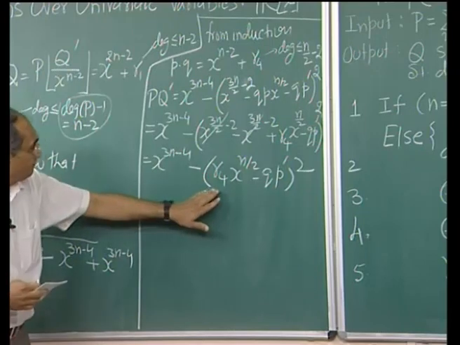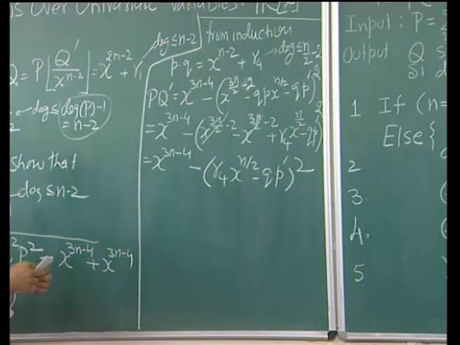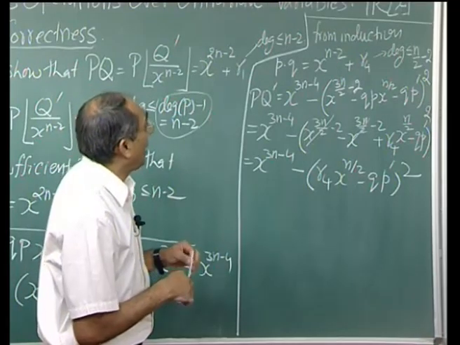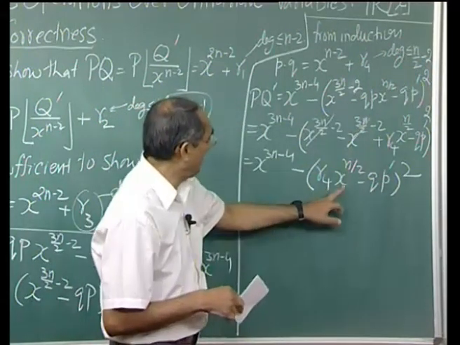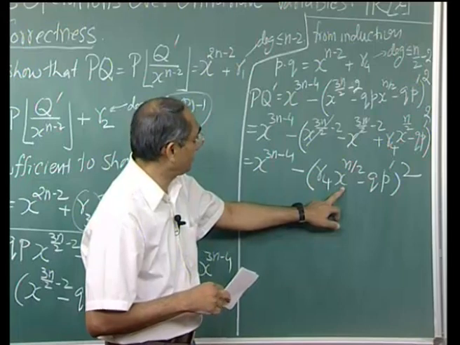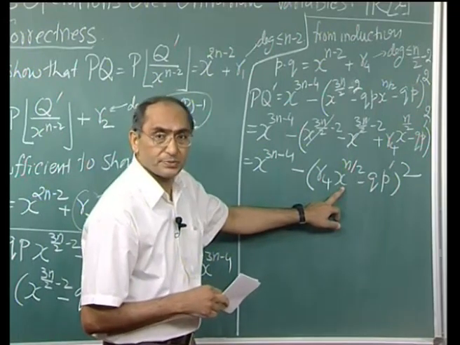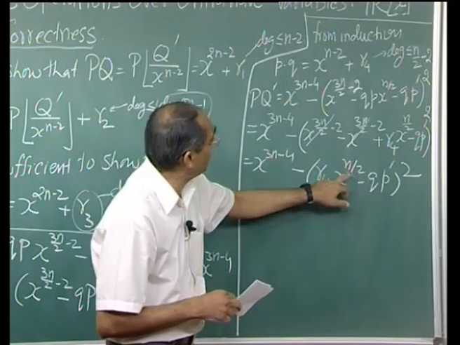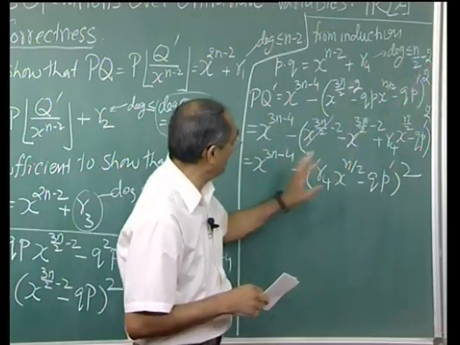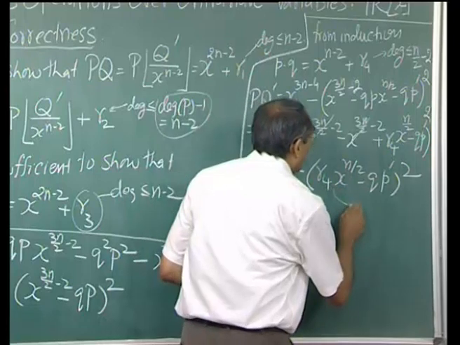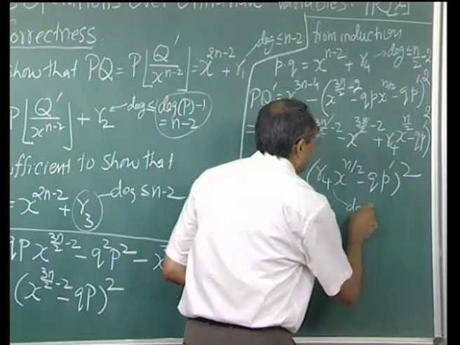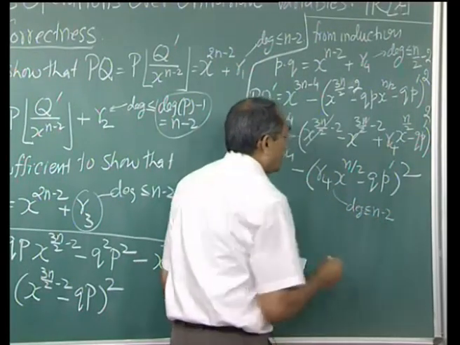Let us find out the degree of these terms. R4 has degree n by 2 minus 2 at most, and this adds up to n minus 2 at most. N by 2 plus n by 2 minus 2, which is n minus 2. So, this has degree less than or equal to n minus 2.